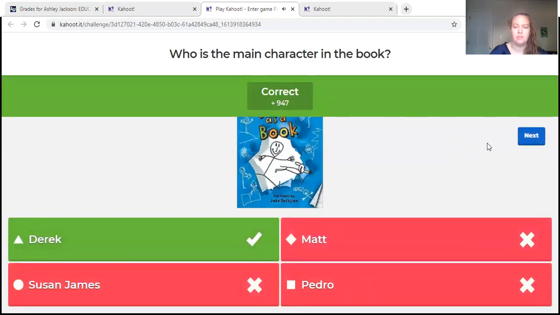And it gives them those points, and it gives them that next button. Okay. So this was the comprehension review quiz for My Life as a Book using Kahoot Review. Right, so this allows the students to be competitive with each other, but also learning and comprehending the book so far that they've read, right?